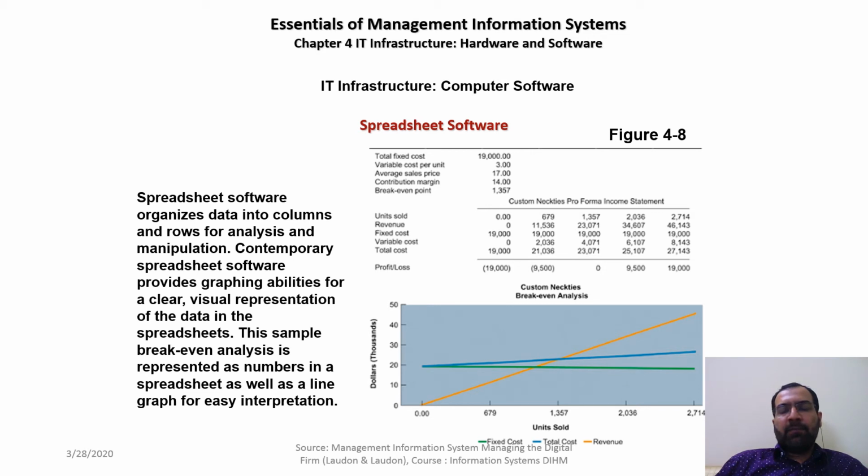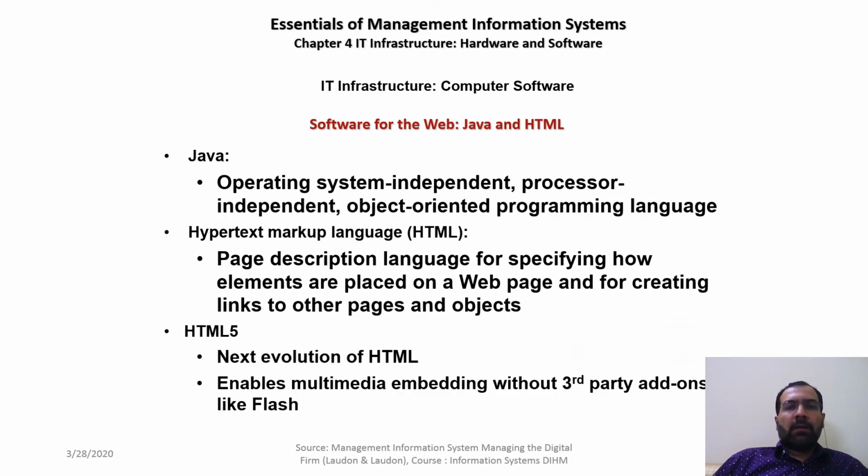So it is easy for you to understand since you have that data in graphical format, and you can realize in how much time you will achieve the break-even if you continue in the same manner. But now, even apart from these spreadsheet software, the business enterprise applications also have inbuilt graphic applications which can do the same task.